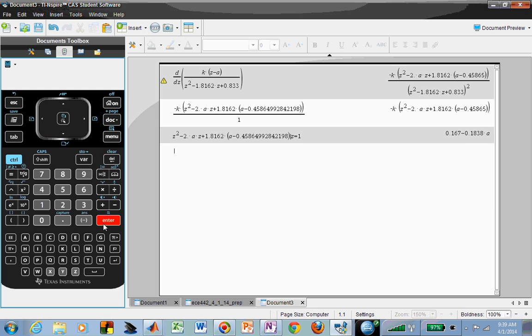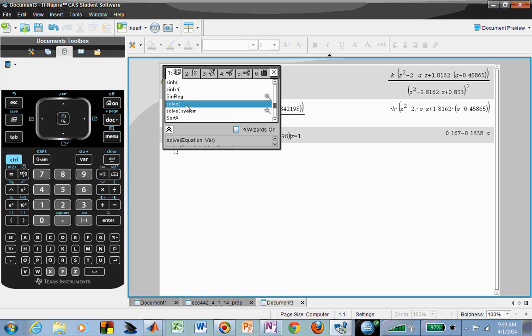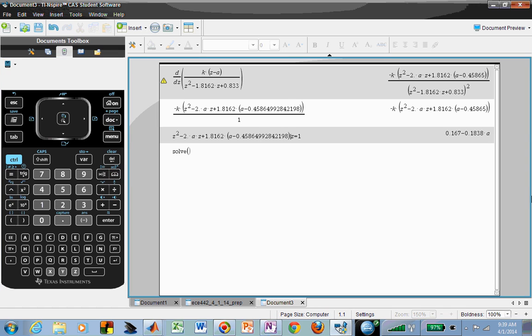Now, if I can find what I want, I can go up here and get the solve function within the calculator, pull in the expression that I want to equal 0, and solve that for a, and now I have found my a in my desired transfer function, capital T sub c of z, that's going to provide me with a steady state error of 0 due to a unit ramp.